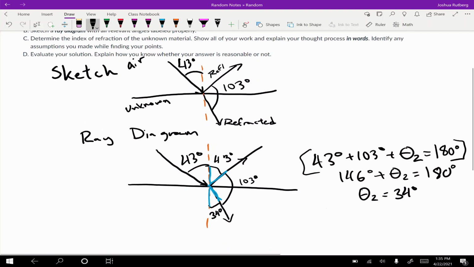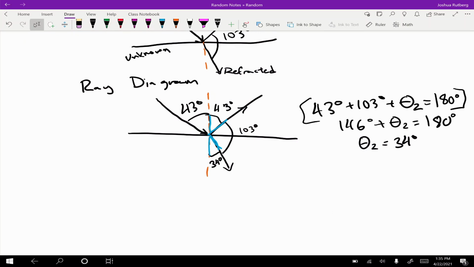So now what we want to find is the index of refraction of the unknown material.